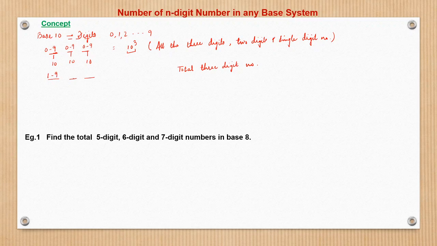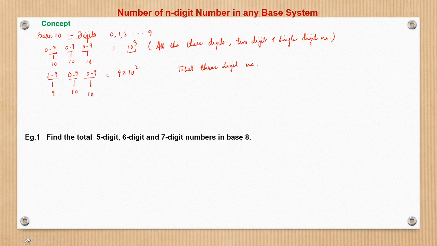If it takes 0, then it becomes a two-digit number. So this can have the values from 1 to 9, so basically 9 values. Here it can have all the values from 0 to 9, so 10 values. And here also all the values from 0 to 9, so 10 values. So this becomes 9 into 10 square, which is the total number of three-digit numbers. So this is for base 10.